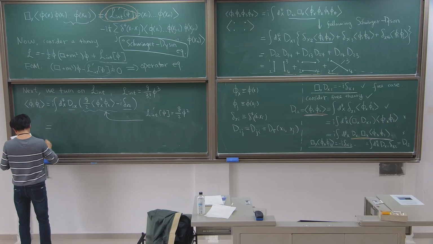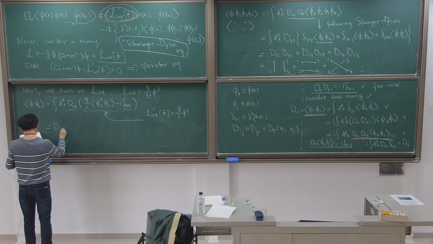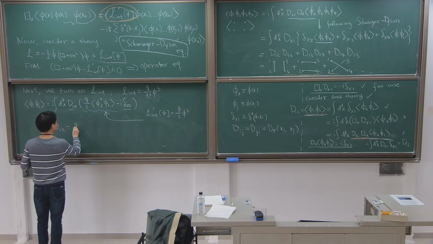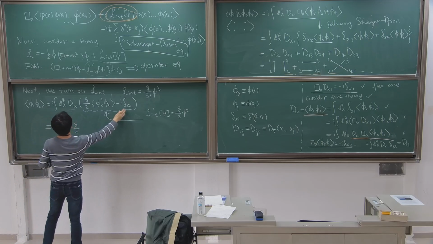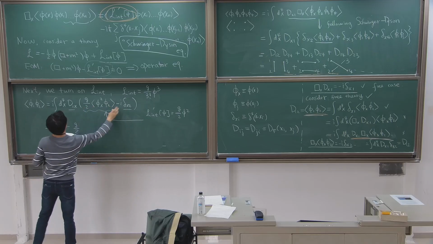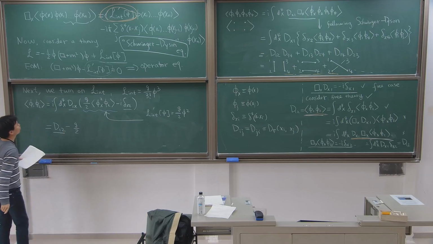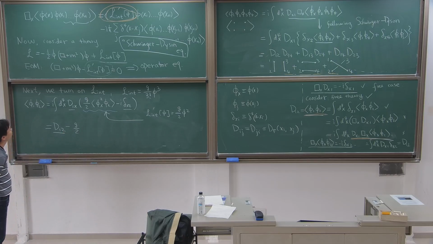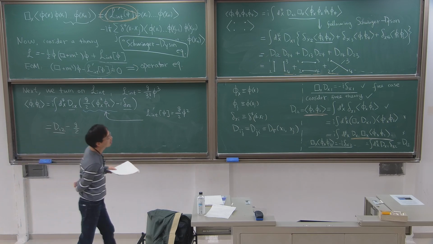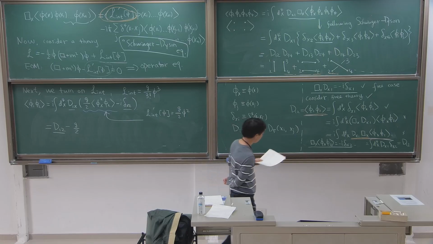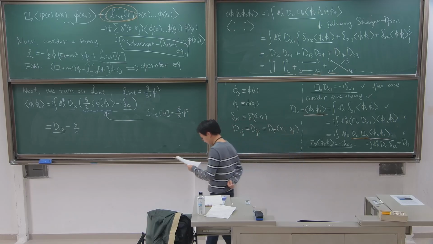Now I can write this as D12 minus t. I just shift this term in front, because this term combined with this term, as said, simply becomes D12, right? Yeah, this is correct.